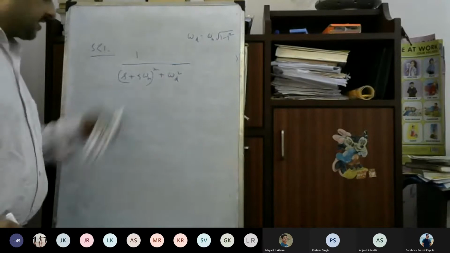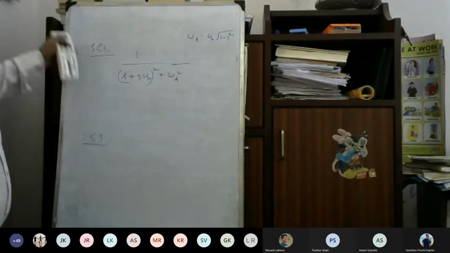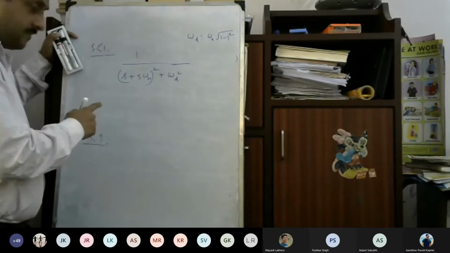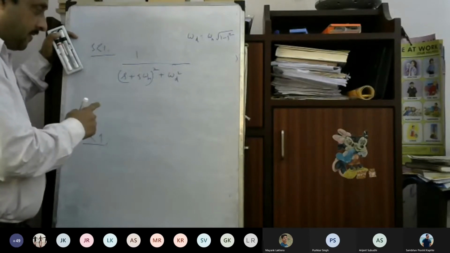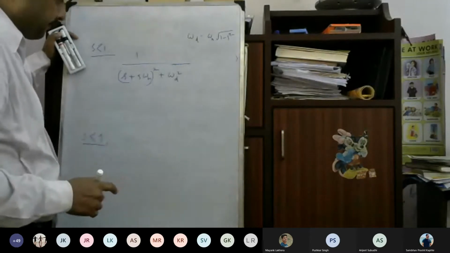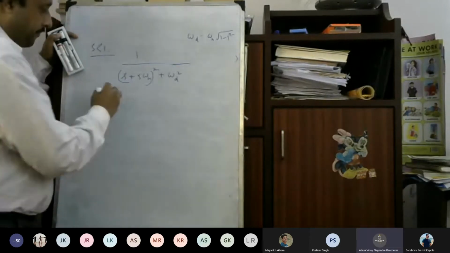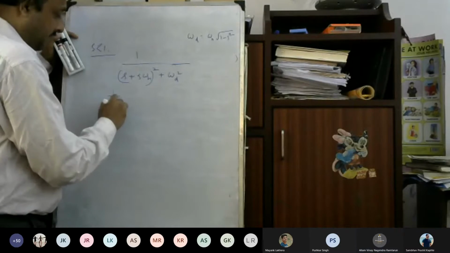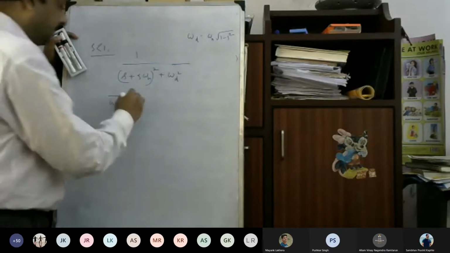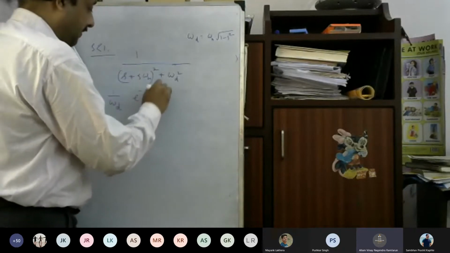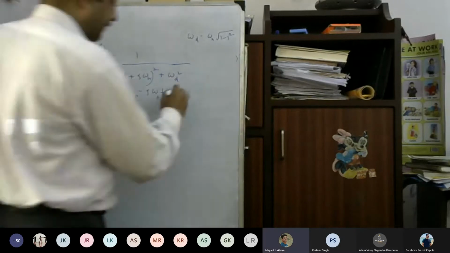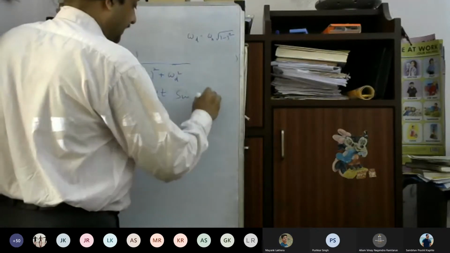And what will be the inverse Laplace transform of this part? It is e to the power minus zeta omega n t, 1 by omega d, sine omega d t.